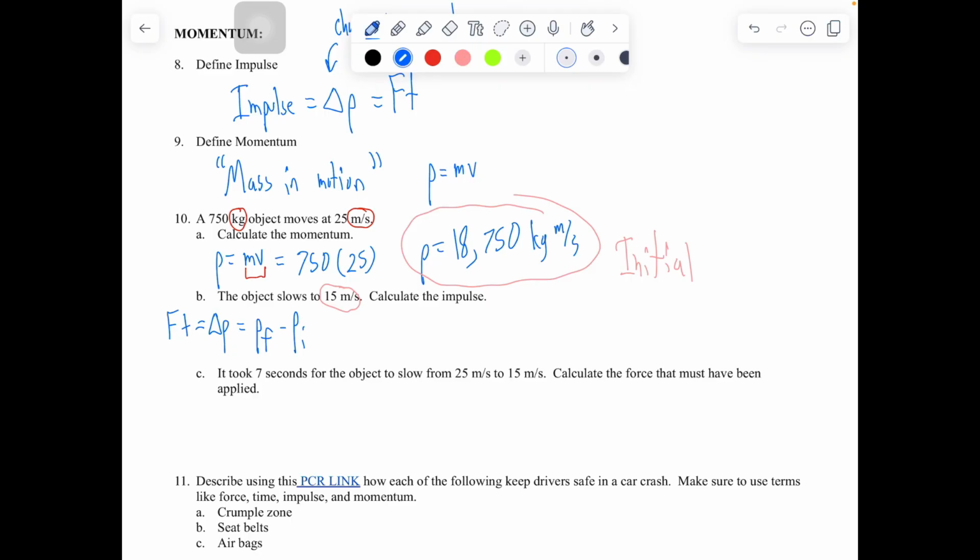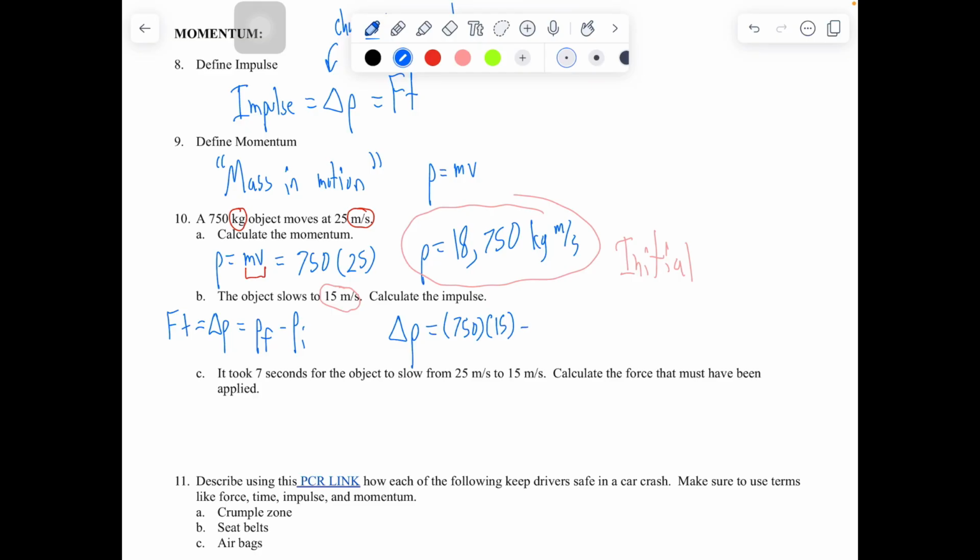So if we plug this all in, delta p is equal to Pf, which is the mass of the object, 750, times its final velocity, that 15 meters per second.